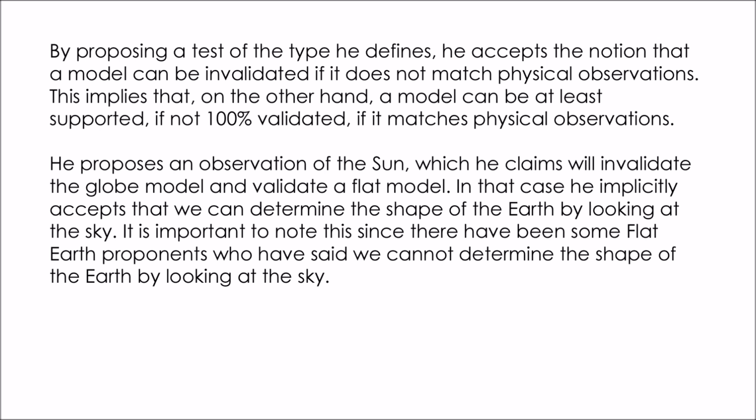He proposes an observation of the sun which he claims will invalidate the globe model and validate a flat model. In that case, he implicitly accepts that we can determine the shape of the Earth by looking at the sky. It is important to note this, since there have been some flat Earth proponents who have said we cannot determine the shape of the Earth by looking at the sky.